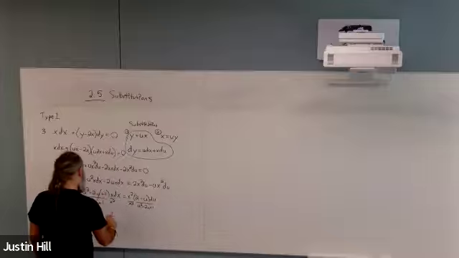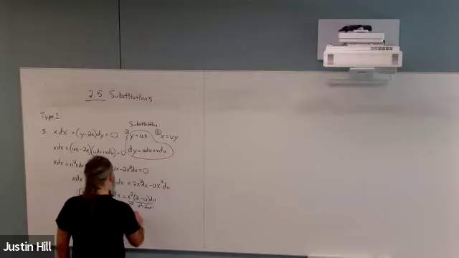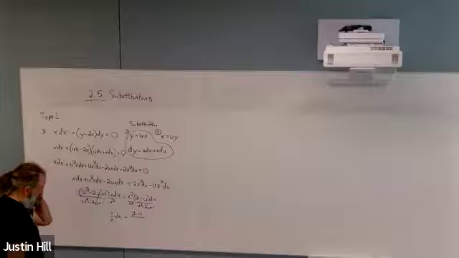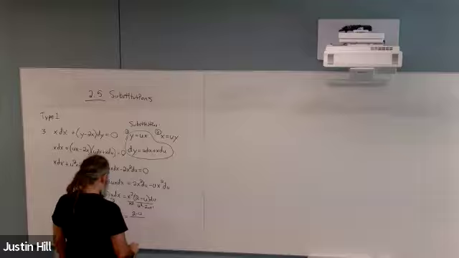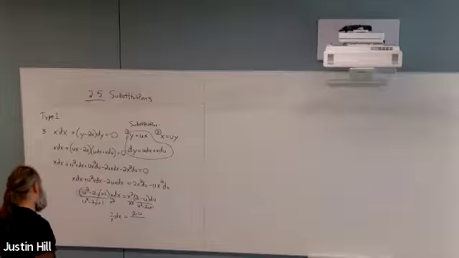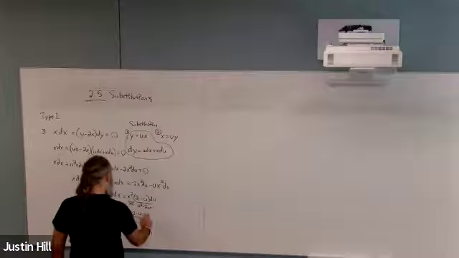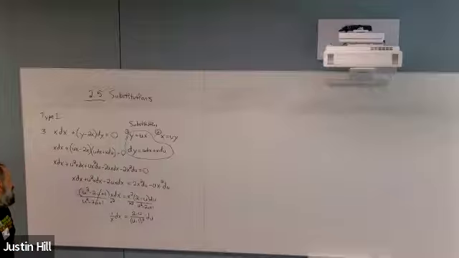So what I end up with is 1 over x dx on this side, and 2 minus u over, I'm actually going to turn this into u minus 1 squared, du. So now we do have x's and dx's on one side, u's and du's on the other.